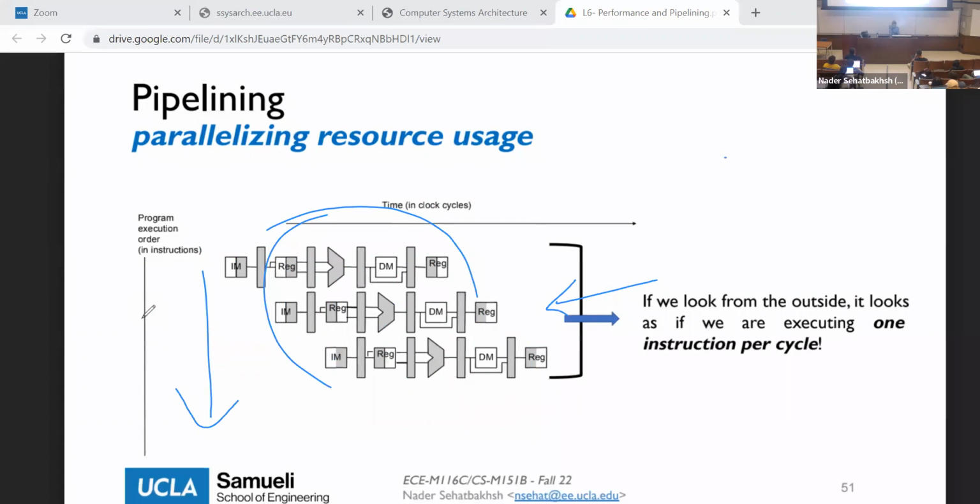So essentially our CPI becomes 1 again, because if we keep feeding instructions into our pipeline, of course there will be the first 5 cycles to get this filled. But if you have many instructions, those additional 5 clock cycles are negligible. So at best we get really close to 1. It's slightly less than 1, but very close to 1. Because essentially every single cycle there will be one instruction in the write back, and in the next cycle we can say that this instruction is finished.